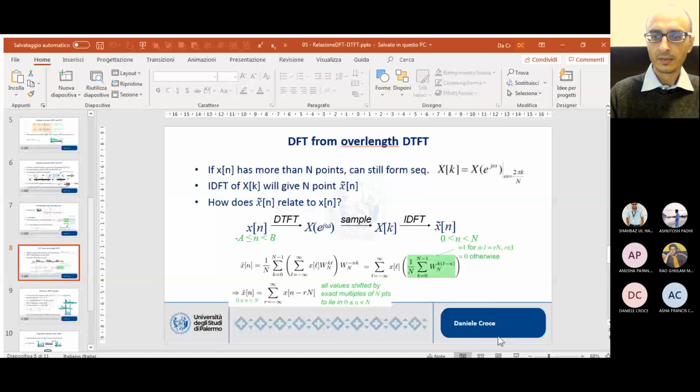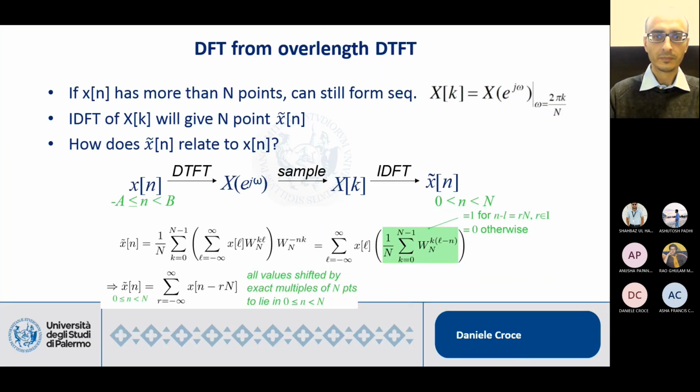Let me go back to the presentation. So here what you have is a factor that is 1 if l minus n is a multiple of capital N, otherwise it's 0, okay?